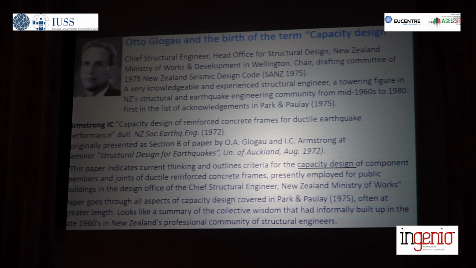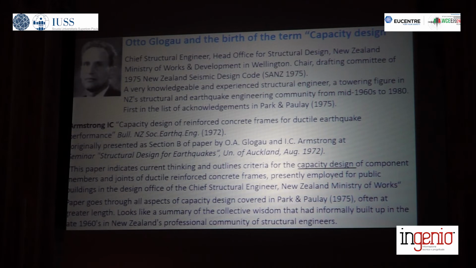He was head of the Office of Structural Design for the Ministry of Works and Development in Wellington, and under his direction, guidance, and inspiration, many government buildings in New Zealand were designed using the new concepts which were developed on the spot together with the designers of New Zealand.